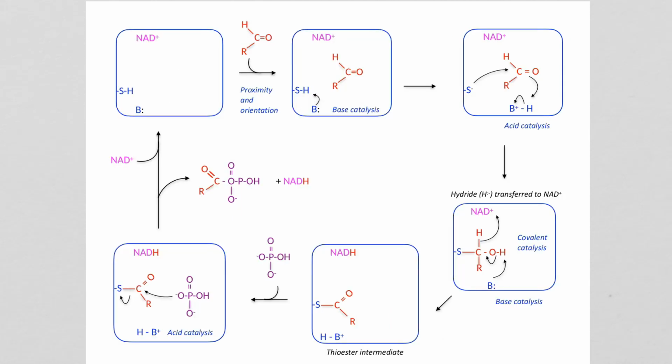So the NAD will first come and diffuse to the active site, and that is followed by the diffusion of the substrate, glyceraldehyde-3-phosphate.